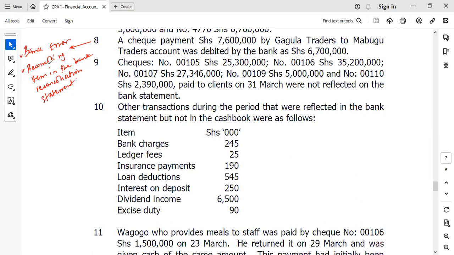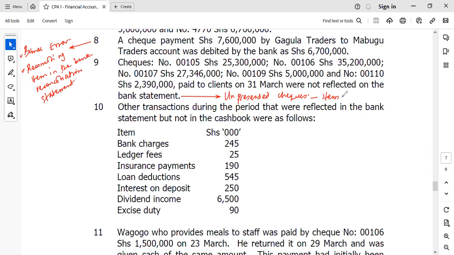These were check payments, but maybe these suppliers did not present the checks to the bank for payment. We refer to these as unpresented checks.